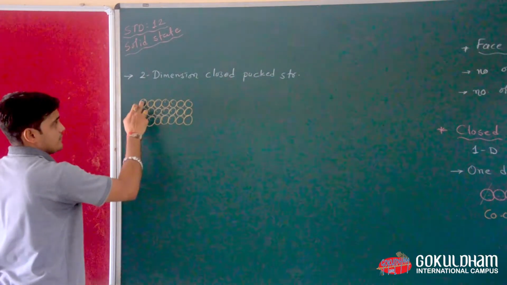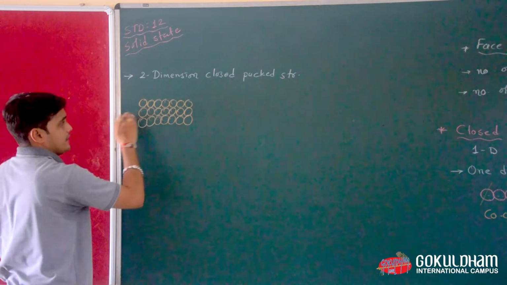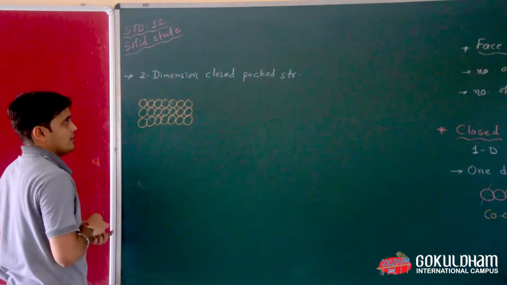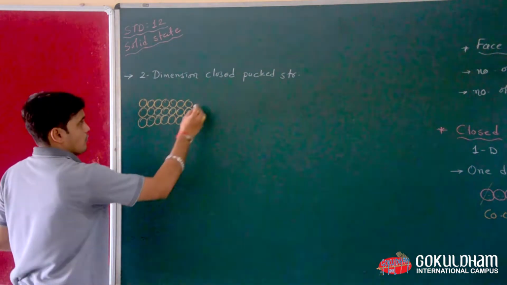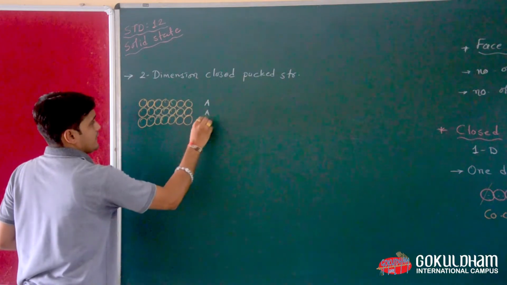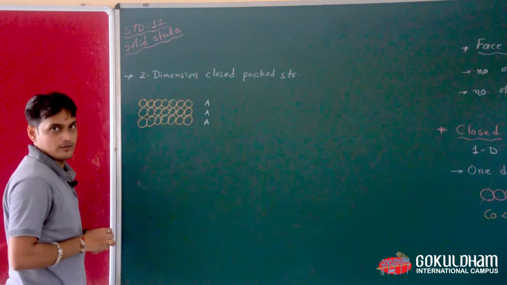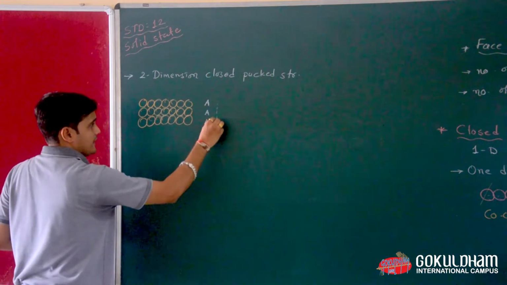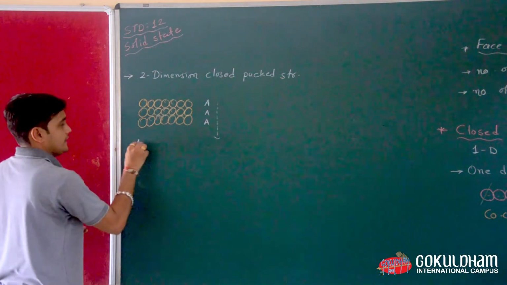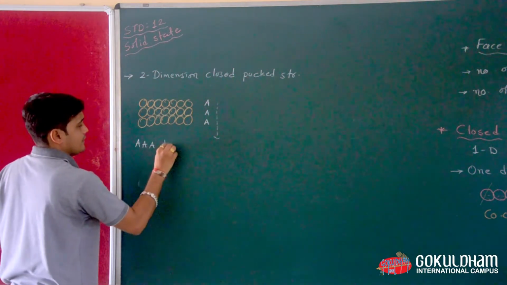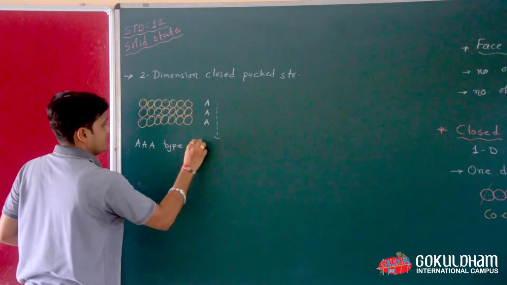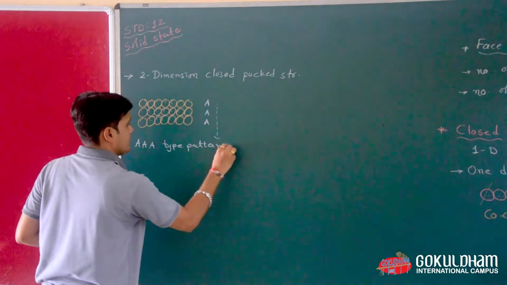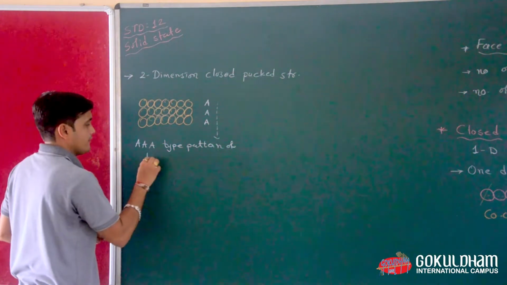This pair is on the upper side and on the horizontal side. All layers have the same pattern. So we can say that it is the AAA type pattern of layer.